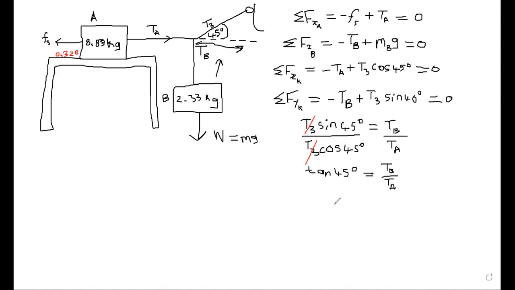But we know that tangent 45 is equal to 1. So this means that 1 is equal to TB over TA. We can now cross multiply.